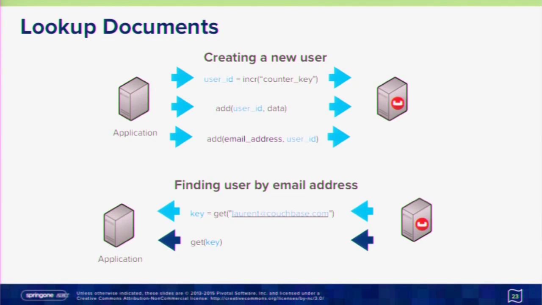And the value of the document will be the ID of the actual document. So when you want to retrieve the user document based on the email, all you have to do is first get one key value with the email, you get the UID of the document, the random one, and then you can get the actual document, which is actually much faster than doing any kind of query, because again, you avoid the scatter-gather problem.